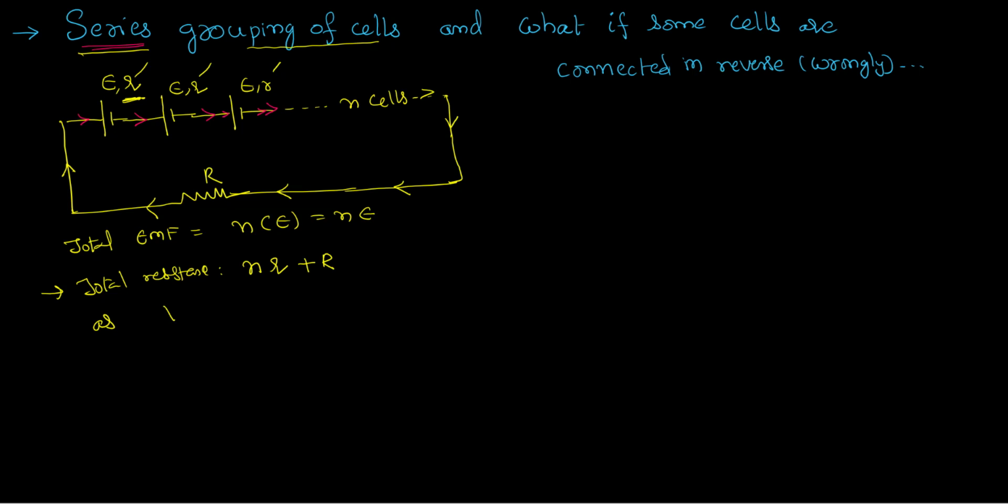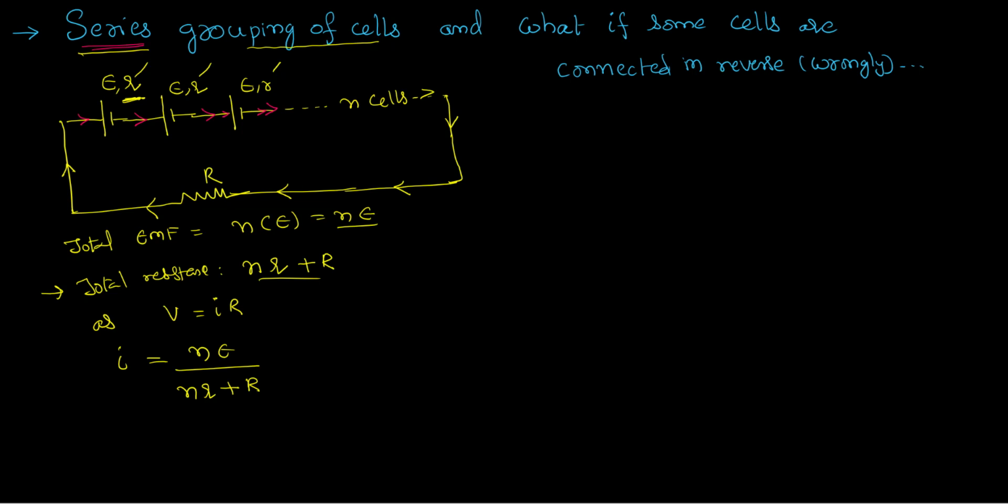So we can use Ohm's law, V equals IR. So the current in the circuit is total V, that is nE, divided by the total resistance: the number of cells multiplied by the internal resistance of each cell, in addition to the external resistance of the circuit. This is the total current we can draw from the circuit.